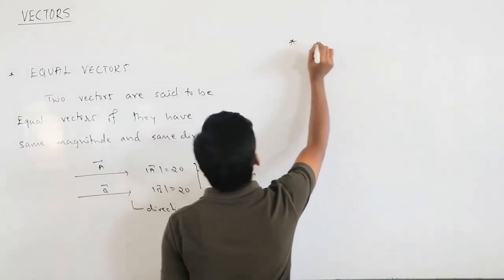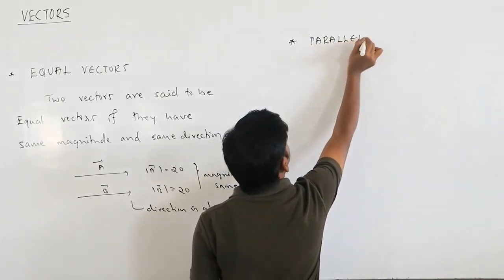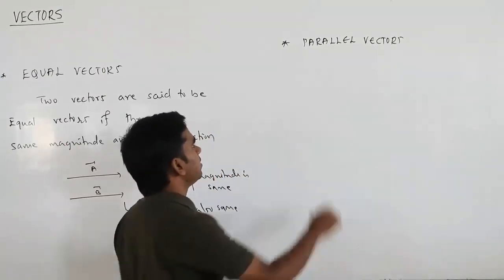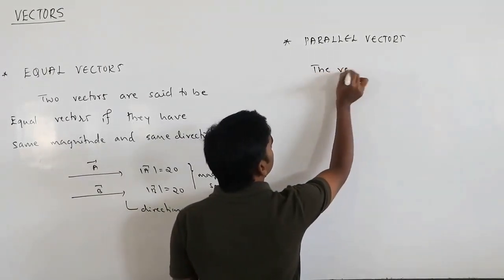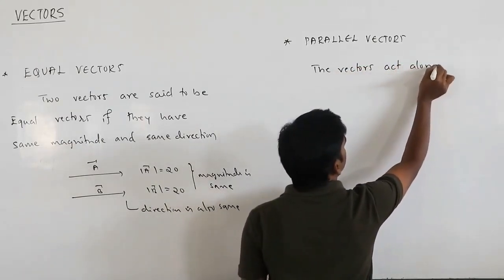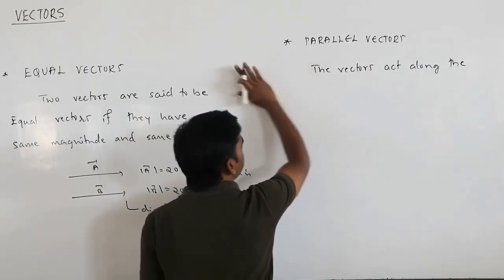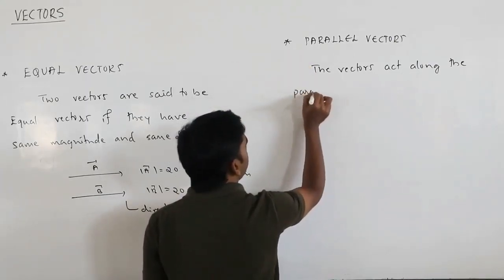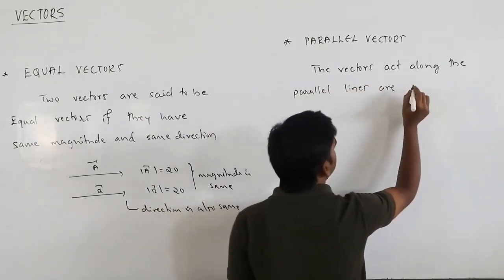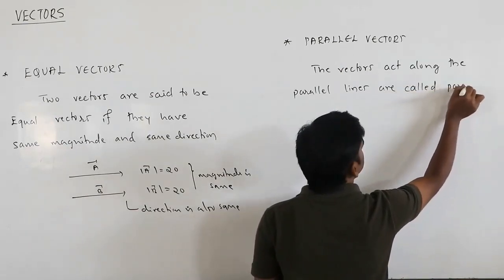One more important type is parallel vectors. What do we mean by parallel vectors? The vectors that act along the same line or along parallel lines are called parallel vectors.